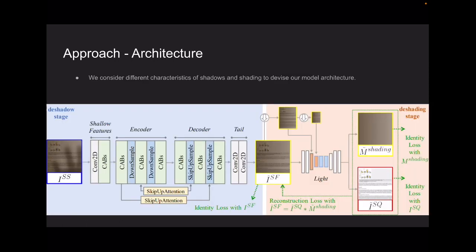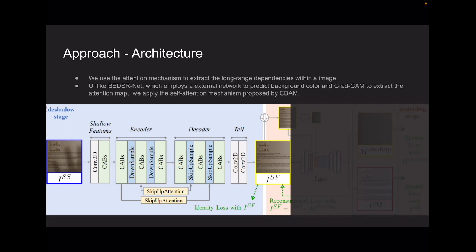We consider the different characteristics of shadows and shading to devise our model architecture. At the first stage, our deshadow net runs to eliminate shadows. We use the attention mechanism to extract the long-range dependencies within an image.